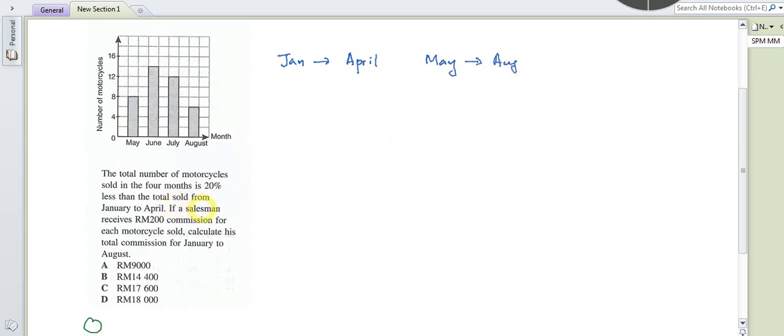If a salesman receives 200 ringgit commission for each motorcycle sold, calculate his total commission for January until August. It means we need to find the total number of motorcycle sales first, then we multiply by 200, right? Okay, so let me check.